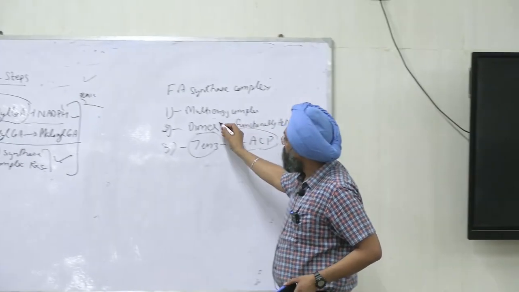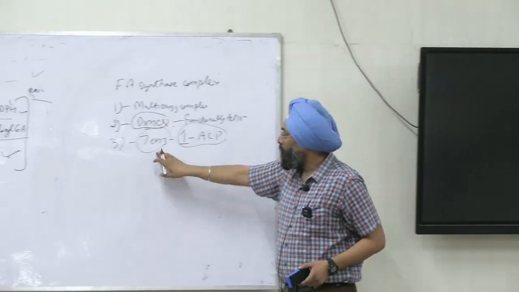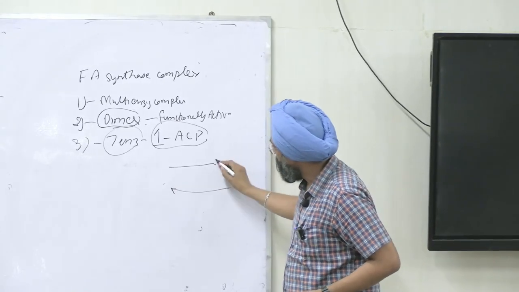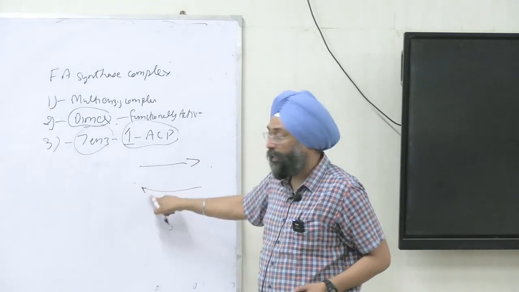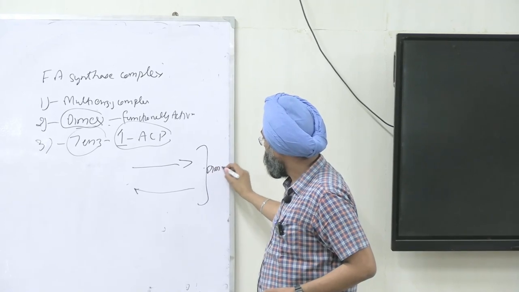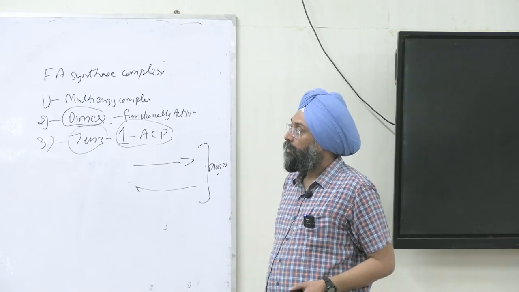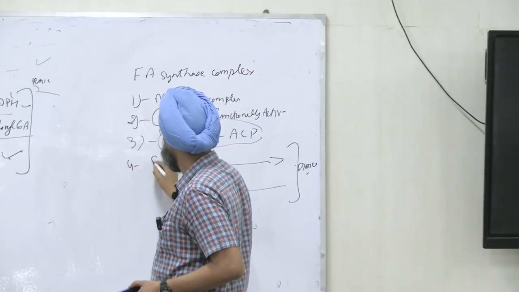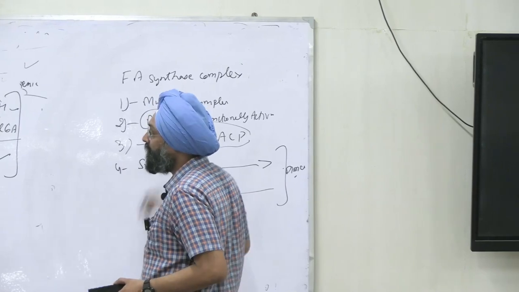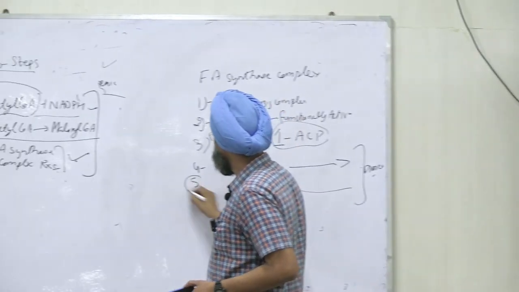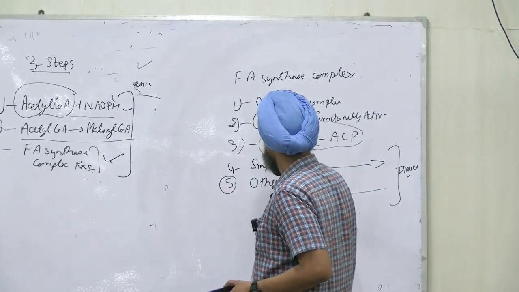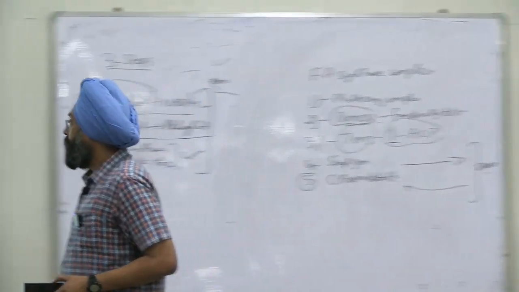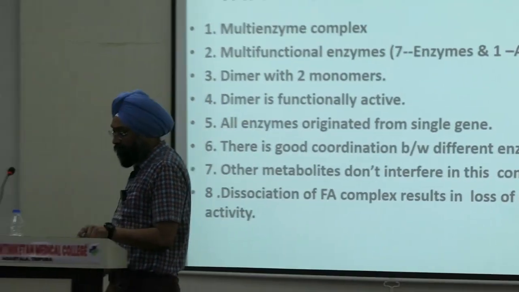And I told it is a dimer, right? In the monomer we have the sequence of 7 enzymes and acyl carrier protein, and then it will come in an antiparallel manner. One from this side and the other from this side, so it will form the complete dimer, right? Dimer is functionally active and all the enzymes originate from a single gene, right? And the other metabolites don't interfere in this complex, right? So let's see the diagram and try to memorize it.